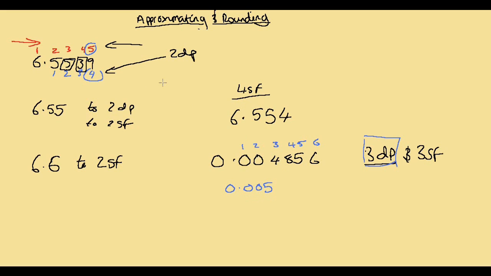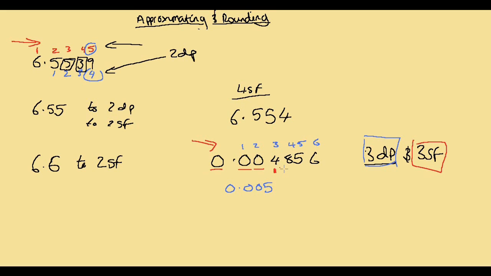So what about if we need to do 3 significant figures? We'll do this one in red. Remember, the definition of significant figures is to start from the left and find the first non-zero number. So this is 0, this is a 0, this is a 0. The first one is actually a 4. It's the only number that's significant starting from the left. That's why we call it a significant number.